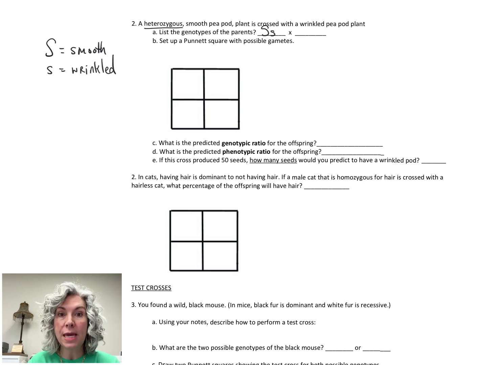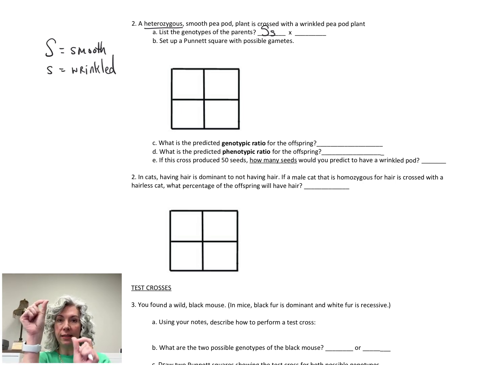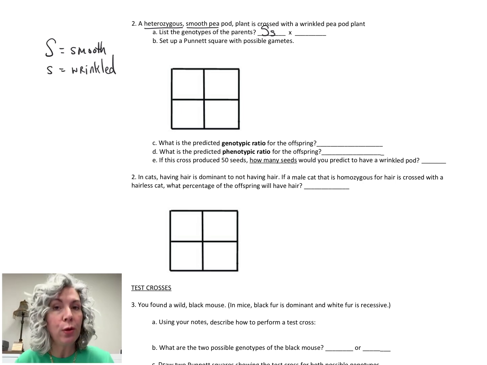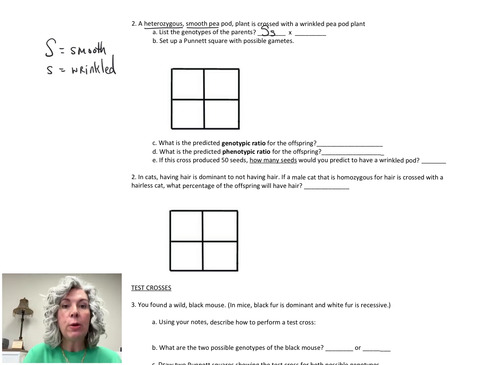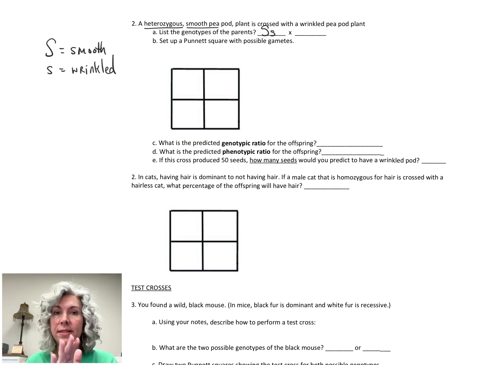Heterozygous smooth pea. If this is heterozygous, we know it's big S, little s, and the question tells us it's smooth. Now, if it had said heterozygous wrinkled pod, then that would have meant wrinkled is dominant. It doesn't.